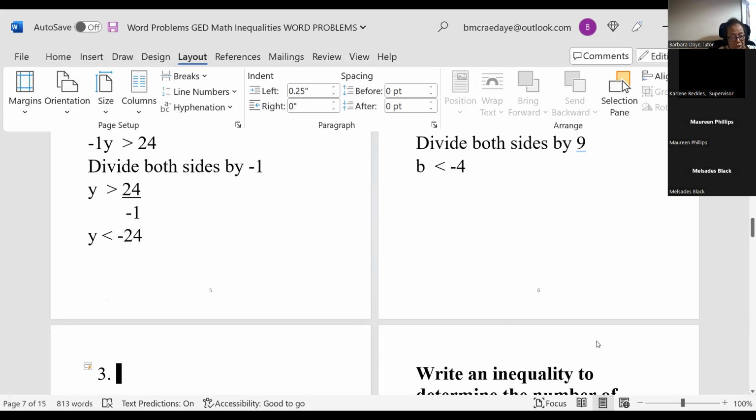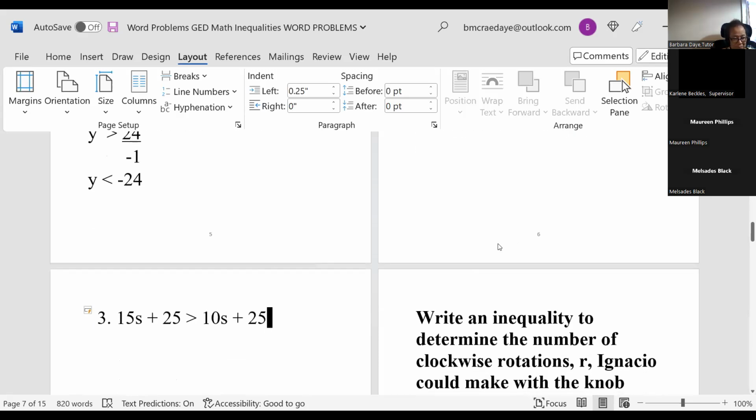All right, this is 15S plus 25 greater than 10S plus 25. All right, I want you to solve that inequality.